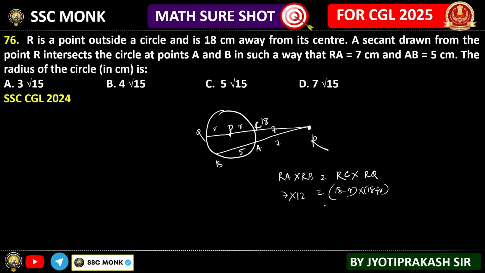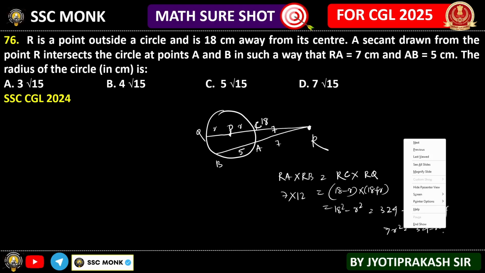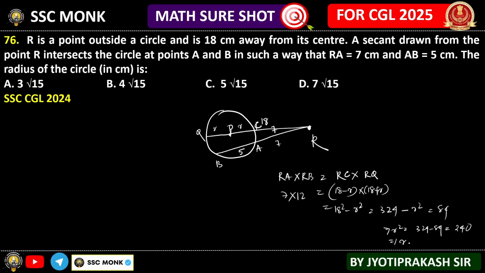So 18 minus r into 18 plus r is equal to 18 square minus r square. 18 square is 324, minus r square is equal to 84. Or I can write r square is equal to 324 minus 84, which is equal to 240. So the r value is the square root of 240, that is equal to 4 root 15.